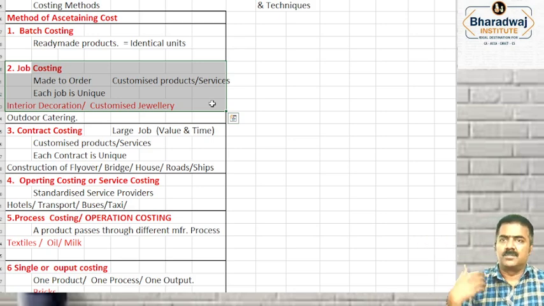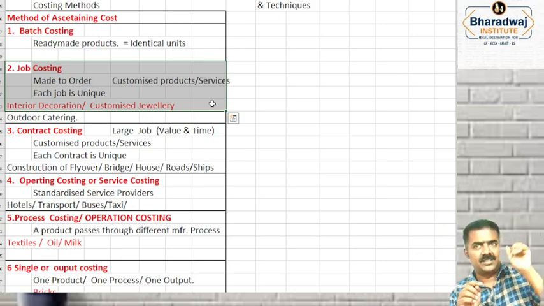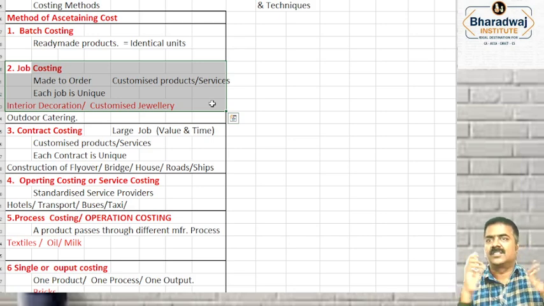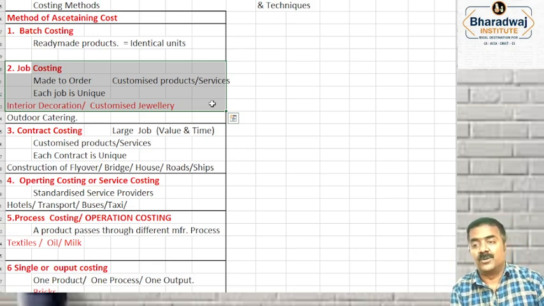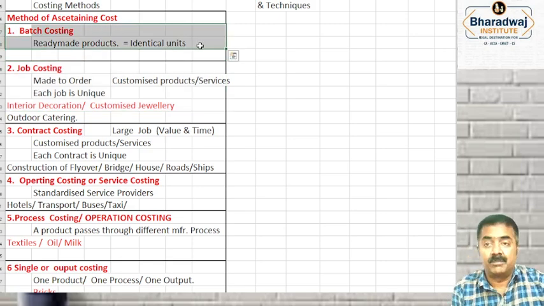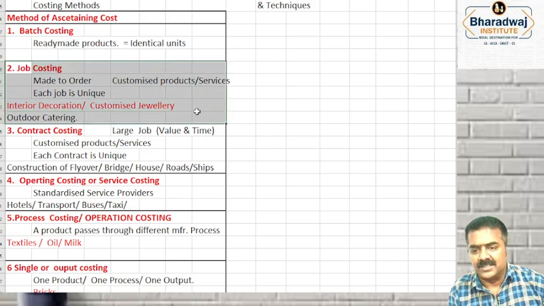Now, when a customer comes, he will ask, I want this handle, I want this pedal, I want this kind of wheel, I want this kind of tire. You assemble and give me. Now, which method will I follow? Batch costing for manufacturing parts, wheels, tires, etc. While assembling, I follow which method? Job costing.